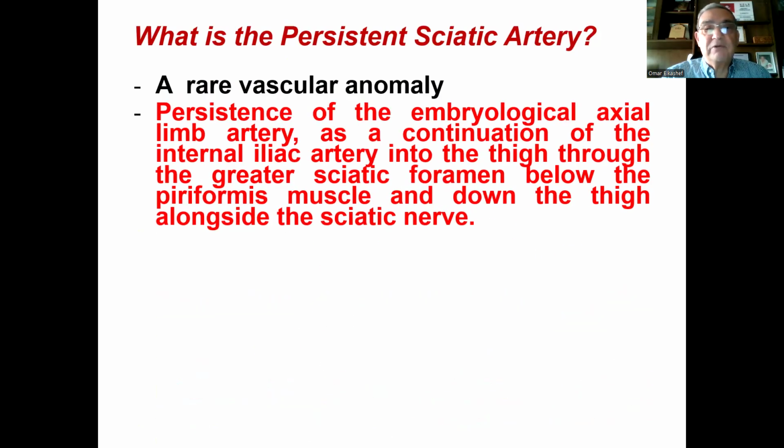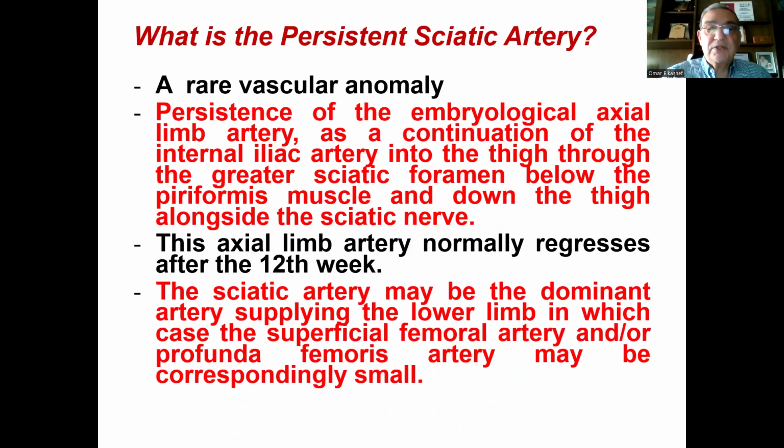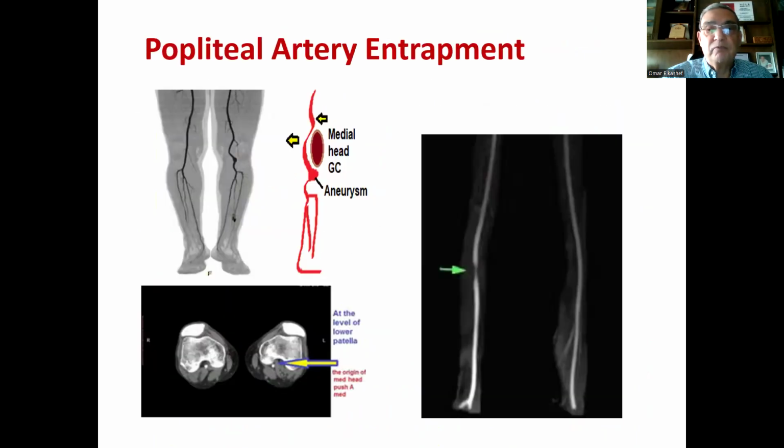A rare vascular anomaly with persistent embryological axial artery of the lower limb as a continuation of the internal iliac artery through the greater sciatic foramen, below the piriformis muscle, down the thigh along the sciatic nerve. This axial limb artery normally regresses after the 12th week of gestation. The sciatic artery may be the dominant artery supplying the whole limb, in which case the superficial femoral artery and profunda may be correspondingly small.